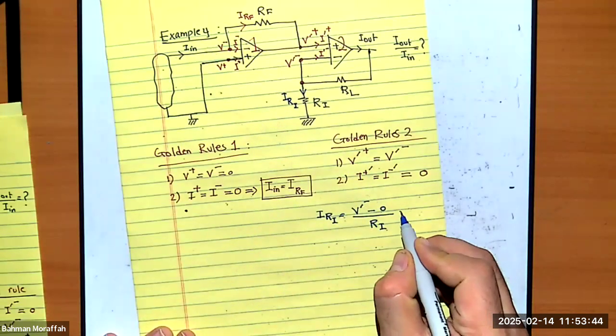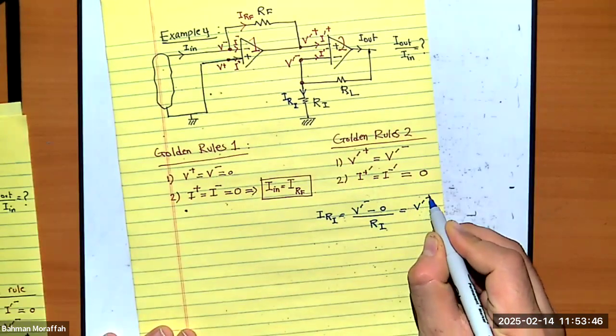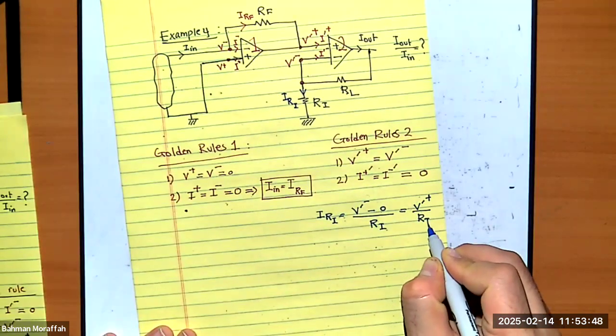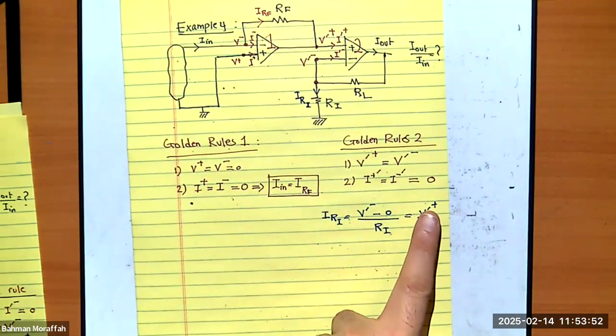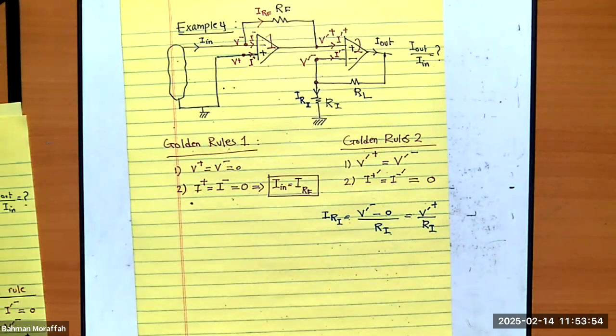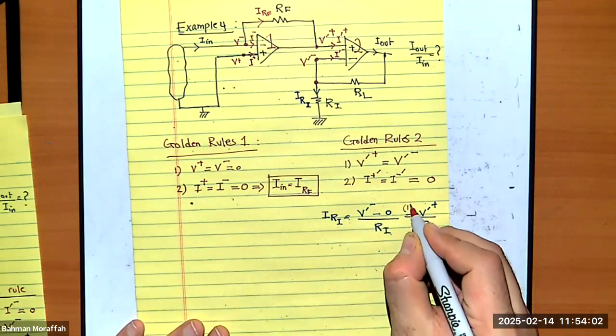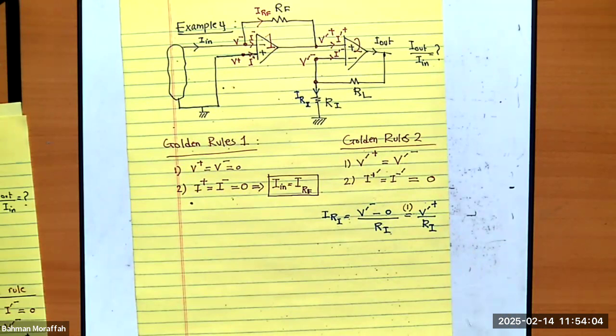So I can rewrite this as V prime plus divided by Ri. Why could I write this as V prime plus divided by Ri? That's the first rule that we have for the second op-amp. That tells me V plus prime is the same as V negative prime, right?